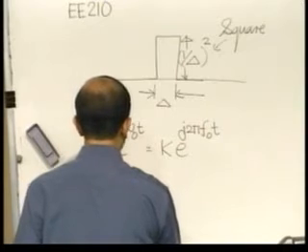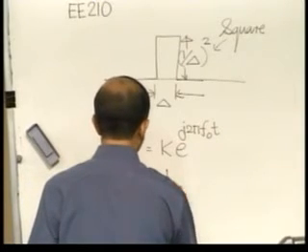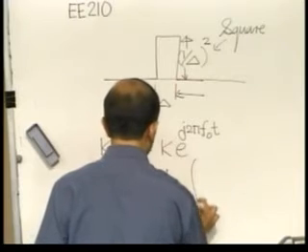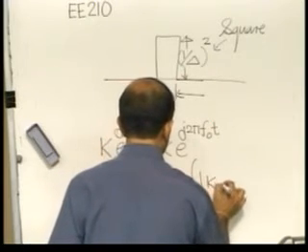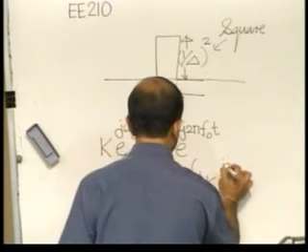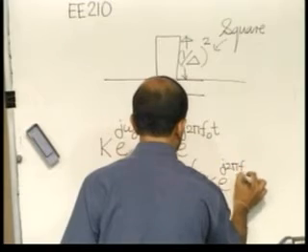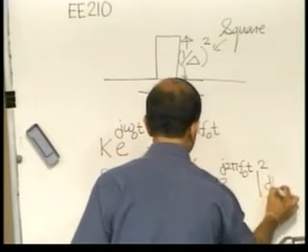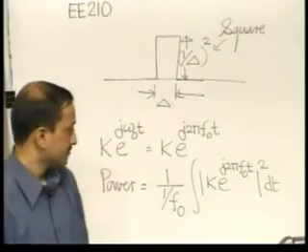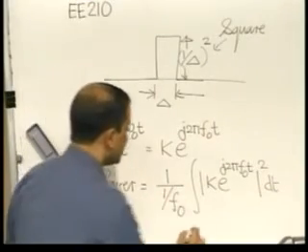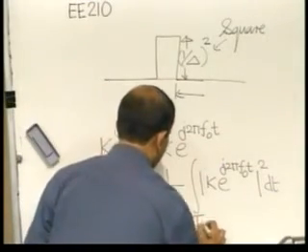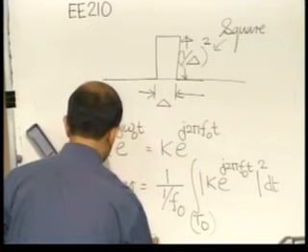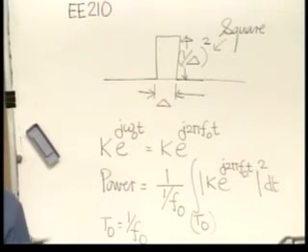The power of this function is 1 by f naught, that is the time period, integral of mod k e raised to the power j 2 pi f naught t squared dt. And this is over an interval of T naught, which is 1 by f naught.